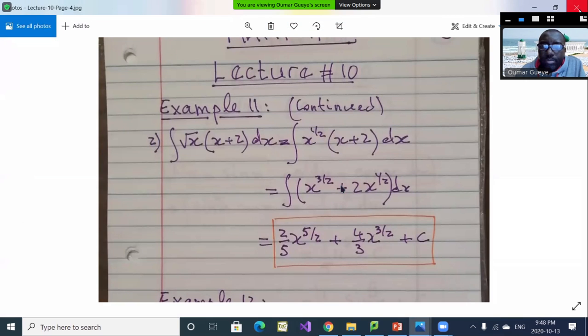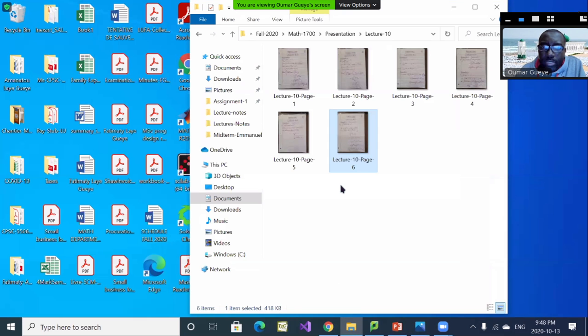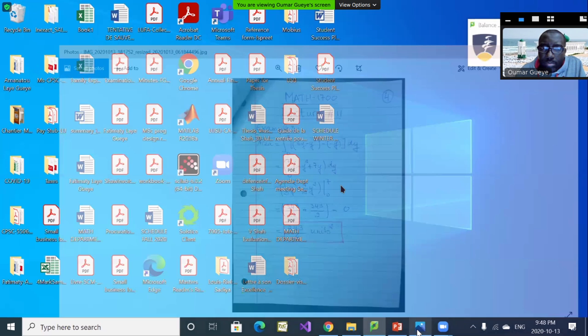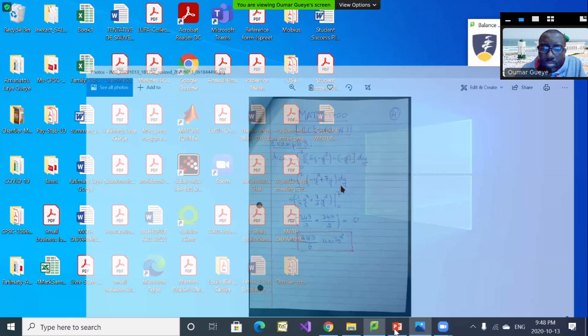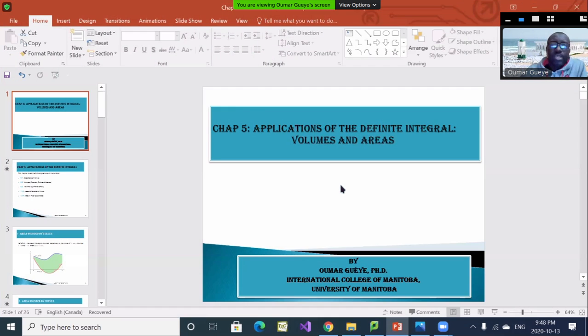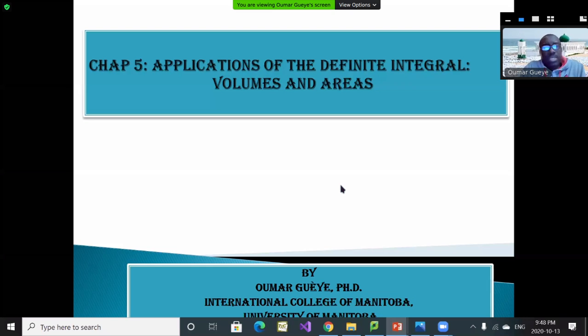All right, so next we'll see the next chapter. As I said, chapter 5 is dealing with the applications of the definite integral.